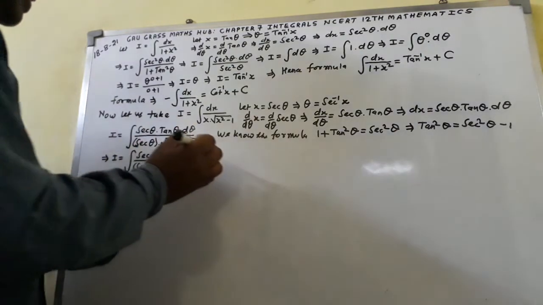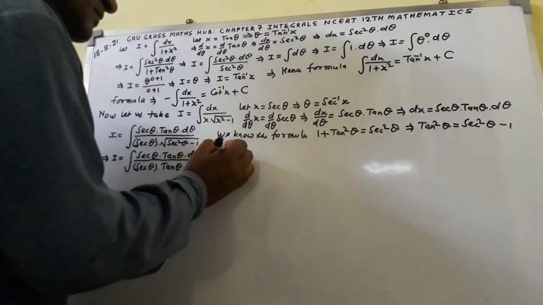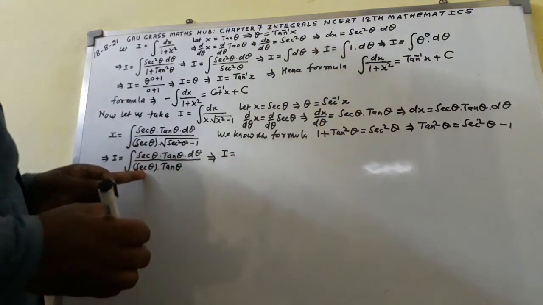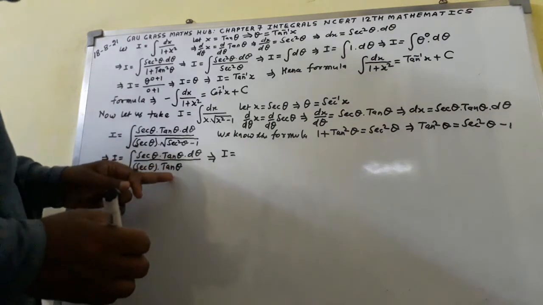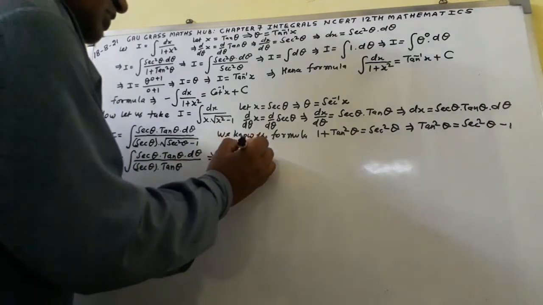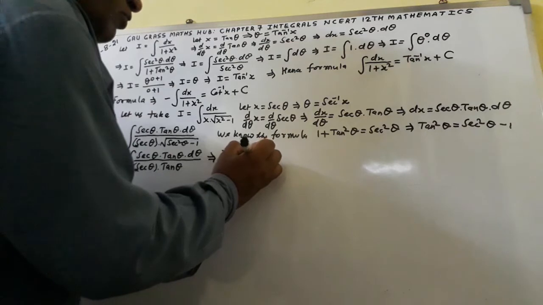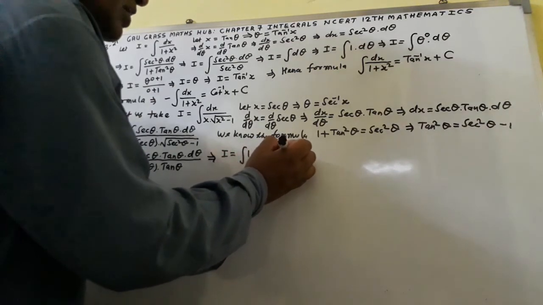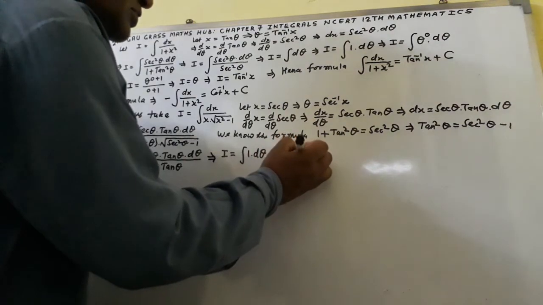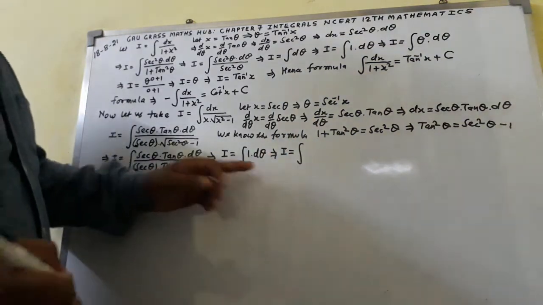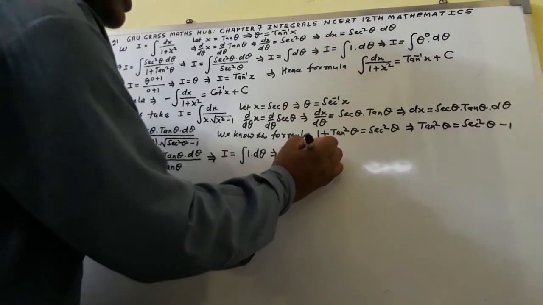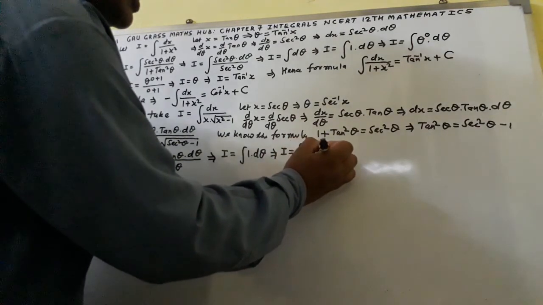So we will get here, implied that I equal to, sec theta will be cancelled out. Tan theta will be cancelled out. You will get here integral 1 dot d theta. Implied that I equal to integral, in place of 1, I shall write theta raised power 0 dot d theta.